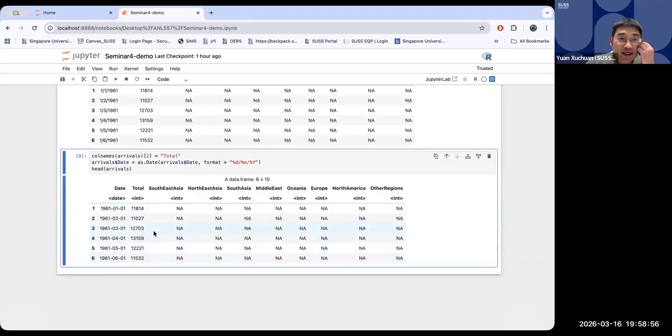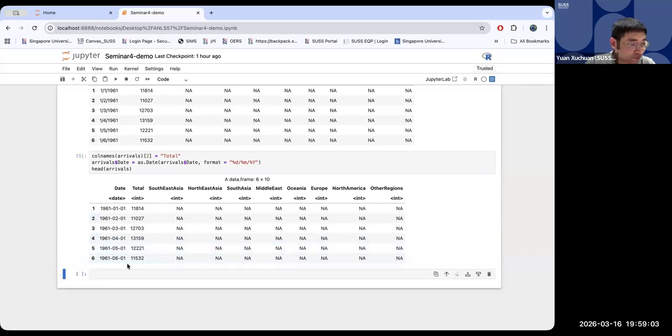Okay. So now let's convert the total column into a time series.